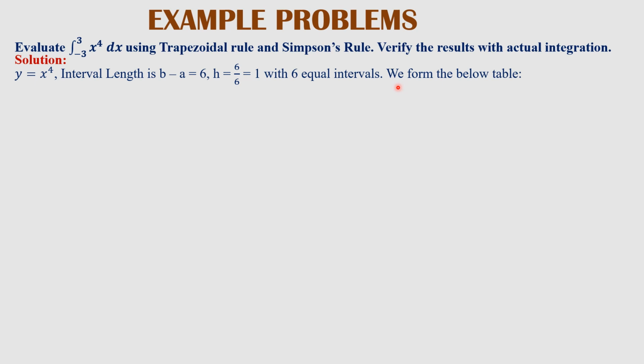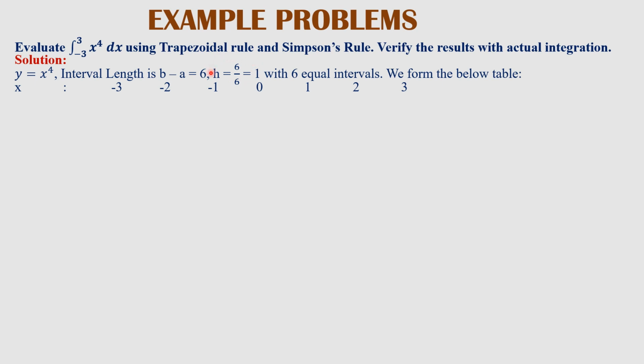So that is b minus a by number of intervals. So 6 by 6 is 1. We are going to form the below table. So now consider the x value. You start with the lower limit minus 3. With the interval of 1, you can have minus 2, minus 1, 0, 1, 2, 3. You are going to form the table with the help of the h value.